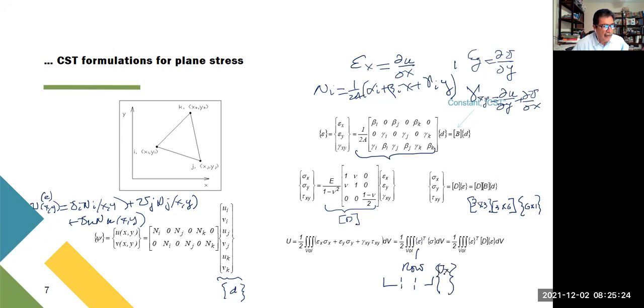So here we have sigma x, sigma y, tau xy. I have epsilon x, epsilon y, and gamma xy. So if we multiply this, we will get this expression, which is a scalar. Now, this is a row, but here I have it as a vector. So what we can do is transpose this to replace into here. This is a vector, and we have it here. This is a vector. So we can take this and put it into here. This is what we have done.